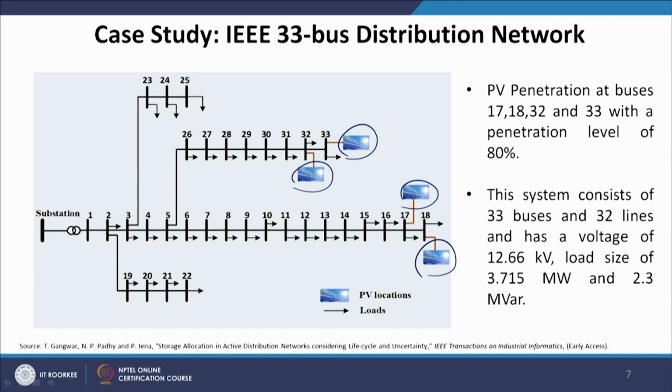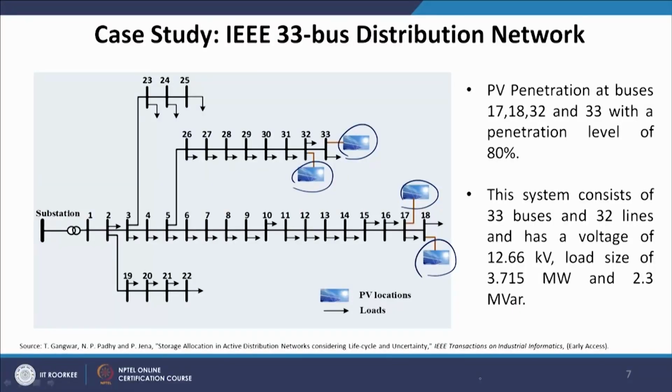Then we integrate solar panels, PV solar energy, at different locations. You can do it anywhere, but these are the 4 locations which have been chosen intentionally to create a scenario where the importance of storage is needed.